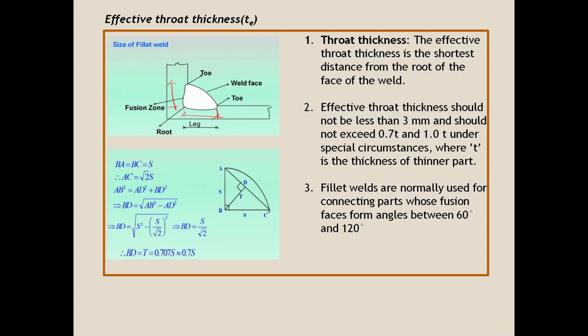Okay, this is the procedure for calculating the value of throat thickness. T means the throat thickness; BD equals throat thickness. In this process, AC is the hypotenuse.